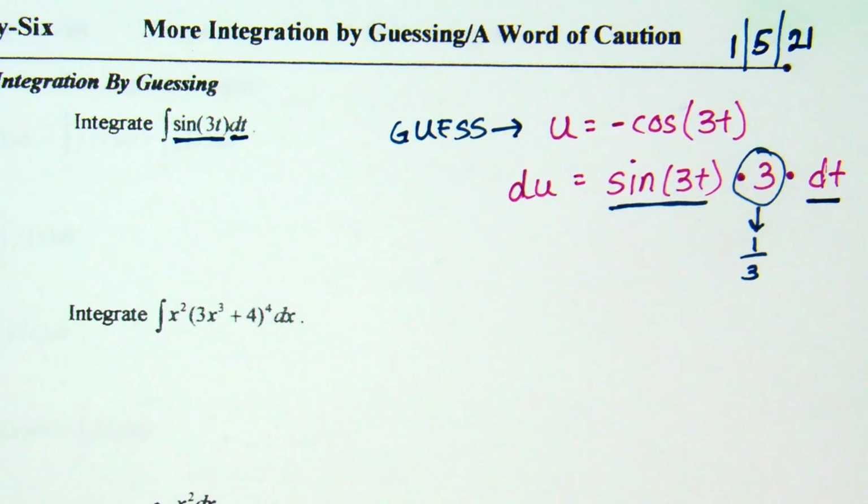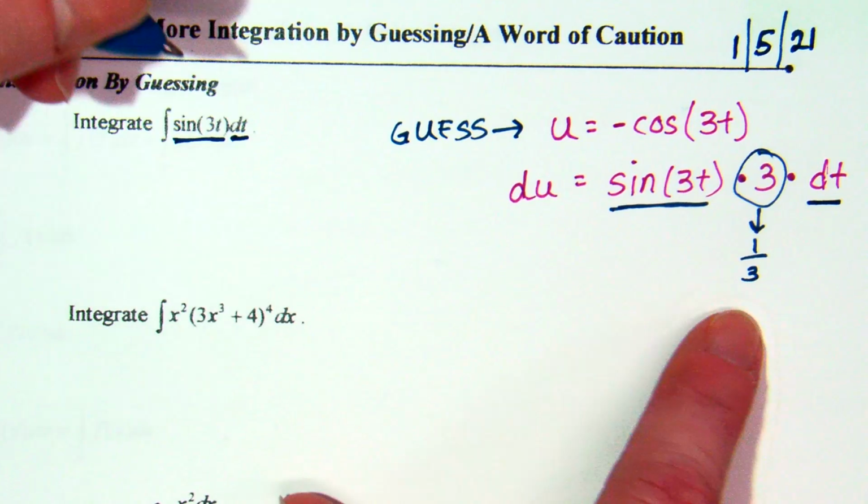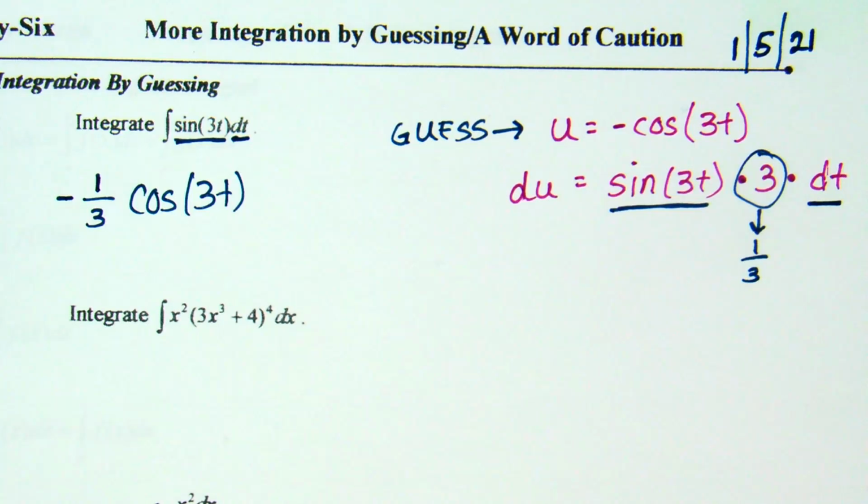Does that make sense? So the integral of sine of 3t dt, well, I was almost right. I said negative cosine of 3t, but then we multiply it by 1/3. So it's negative 1/3 cosine of 3t. And because we're doing integrals, we say plus c.